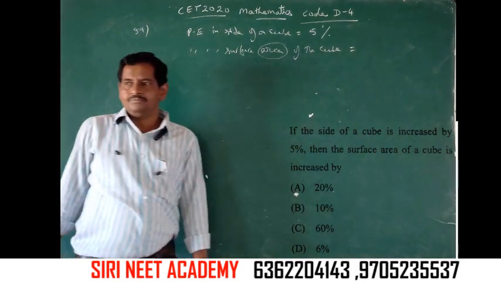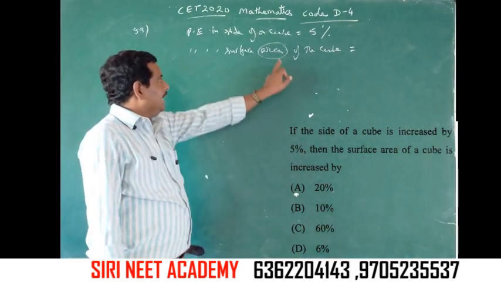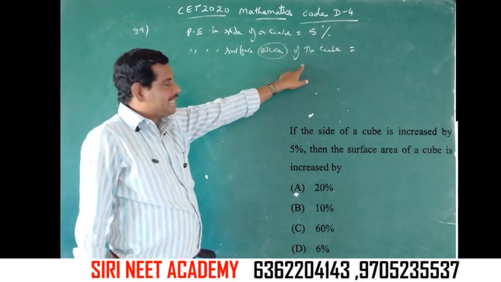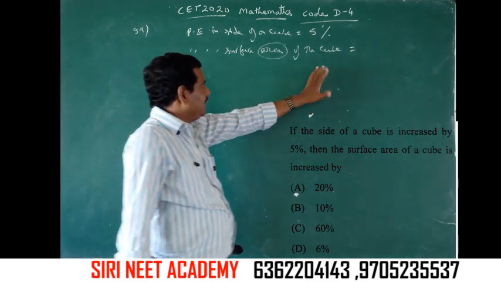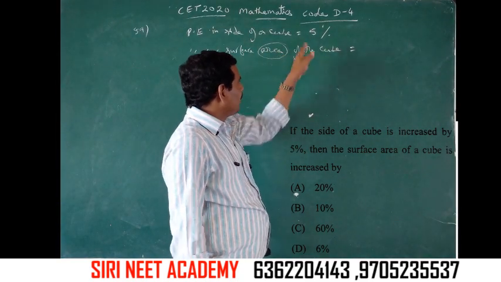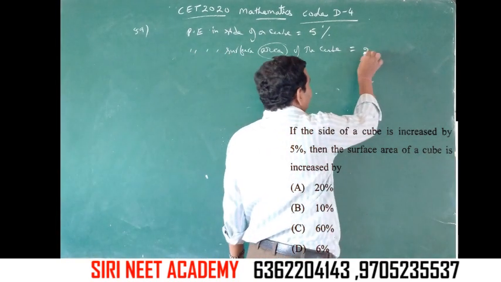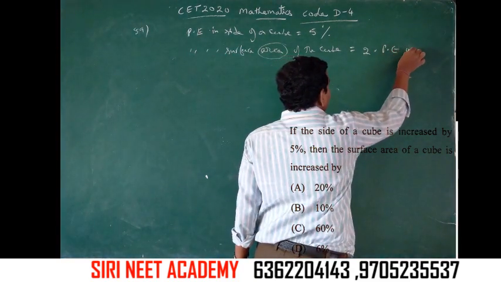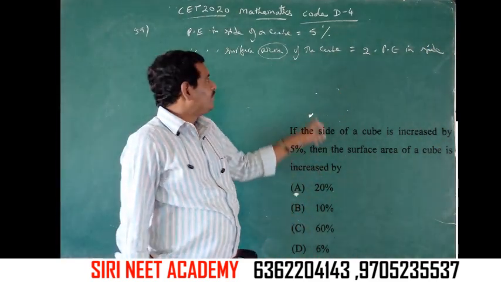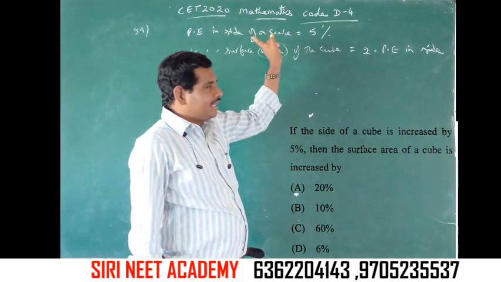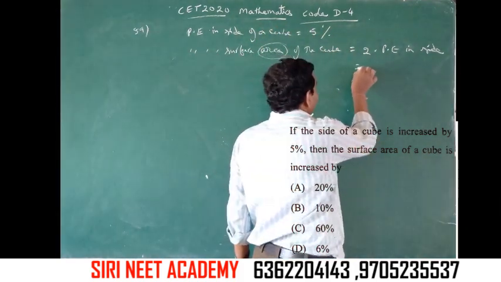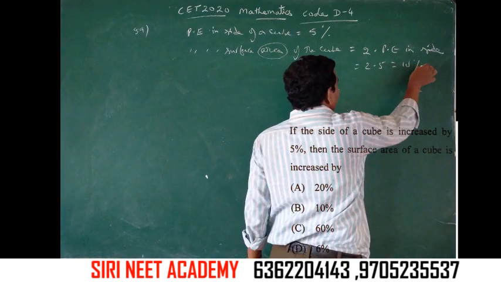Area is 6 a square for a cube with 6 sides. Always the percentage error in area is 2 times the percentage error in side. If the question is given for volume, it is 3 times; for area, 2 times. So clearly we will find 10%.